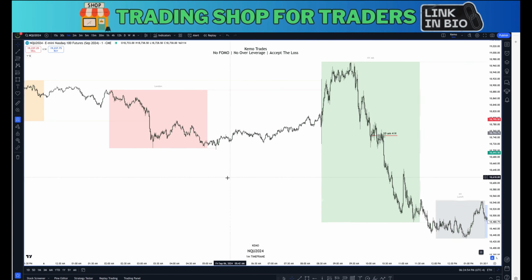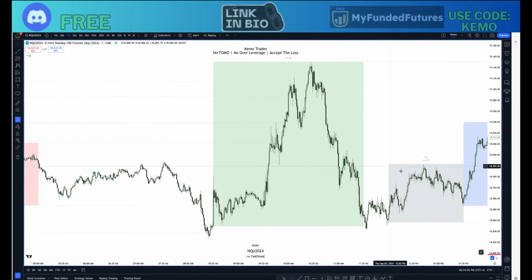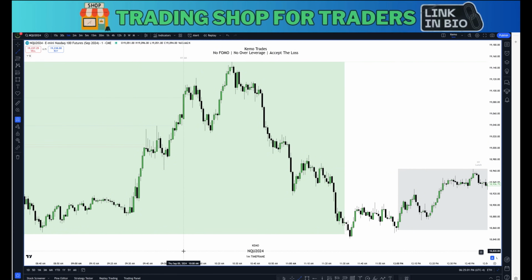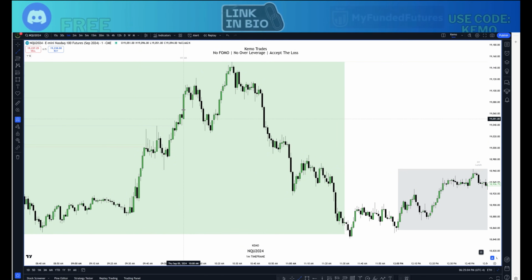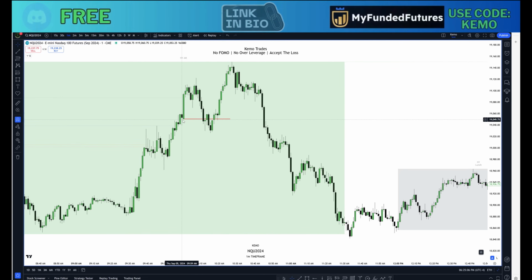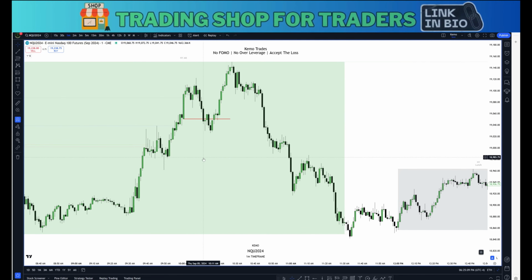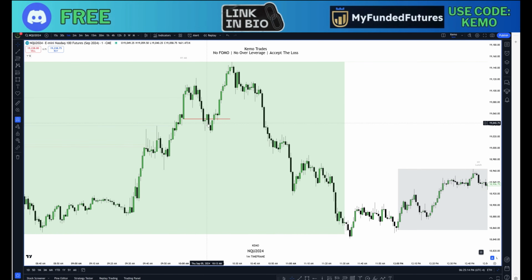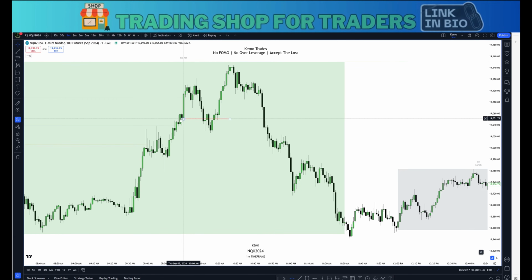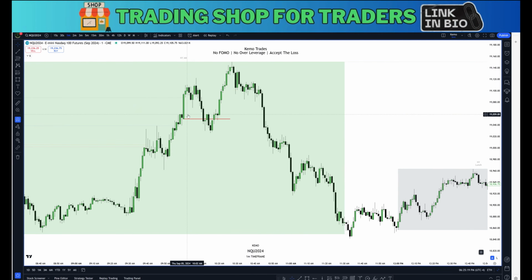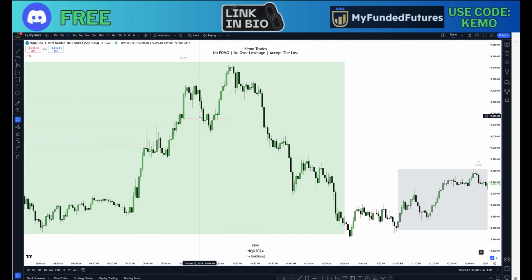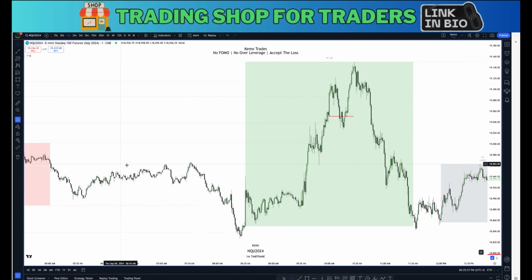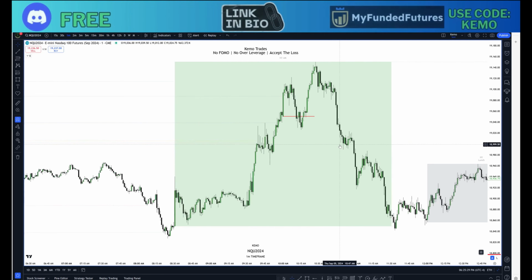So let's move forward, maybe find a different example right here. Where is 10 a.m.? 10 a.m. is right around here. Okay, we opened here. So what does this remind us of? We pumped, accumulated, went down. Yes, we did inverse this bullish fair value gap, and if you wanted to take that trade, it would have probably been a break-even trade, because it looks like a bullish structure all around.